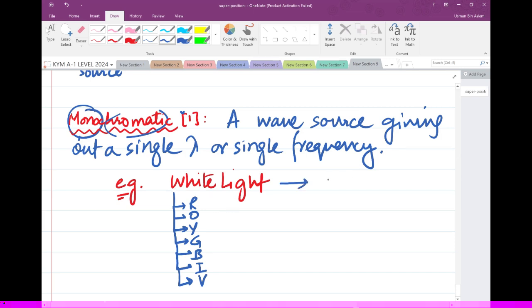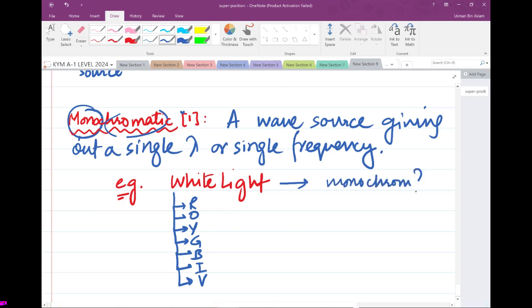So is white light going to be monochromatic? No, it's not monochromatic. If it is just a single color like red, it will be monochromatic. If the light is only orange, it will be monochromatic. If the light is only yellow, it will be monochromatic. But if it is a combination of different wavelengths, it will not be considered monochromatic.